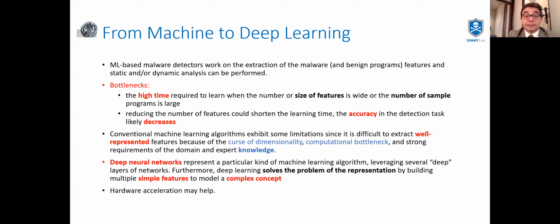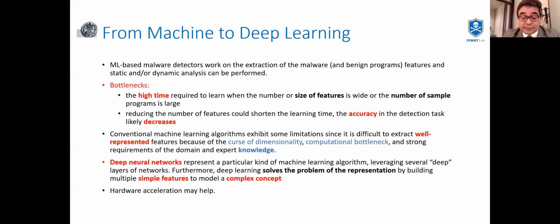First of all, the high time required to learn when the number or the size of features is very wide, and also when the number of samples is large. But if we decrease the number of features, this could shorten the learning time, but this could produce a decay of accuracy.